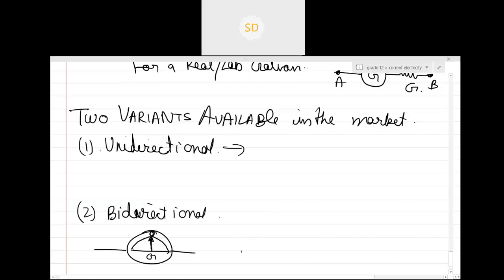And suppose the current flows in this direction, let's say from left to right, then from this 0 it will deflect towards the right. Whatever is the magnitude, it will tell by this, and whatever is the direction of flow also.